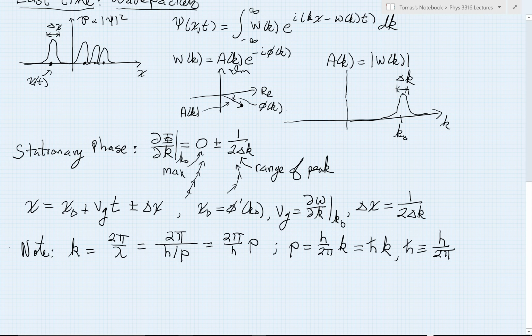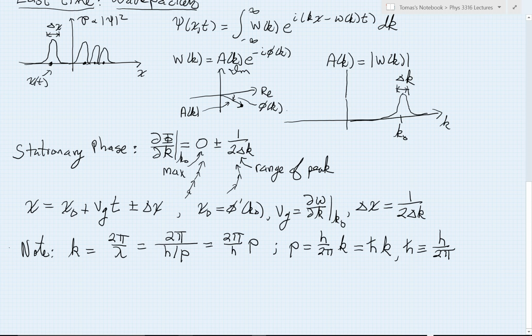Now, what this means physically, though, and we can see it in our relationship here, is that if there is a range of k vectors like this associated with my particle, that means, in fact, there is a range of momenta associated with my particle through this relationship. So if I were to go and actually measure the momentum of my particle, I'm not guaranteed that I'm going to get k naught or h bar times k naught. Instead, I could get a range of momentum associated with the range of this peak.